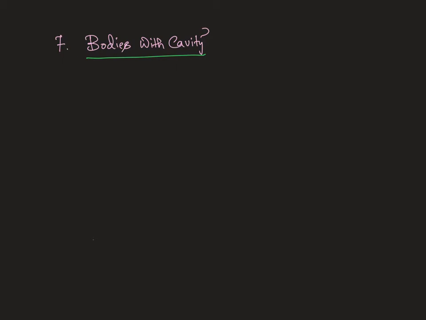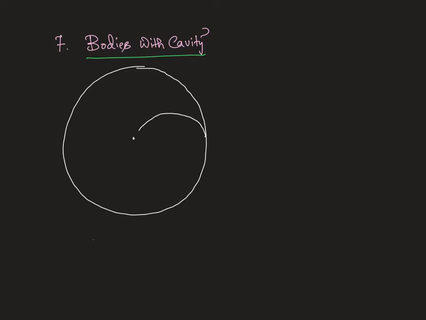There are some problems where the bodies have a cavity and you have to find out the location of the center of mass. Such an example is that here there is a circular disc and inside this disc there is a cavity here. The radius of the disc is r, and as you see, the radius of the cavity is half of r, and you have mass in this area only.